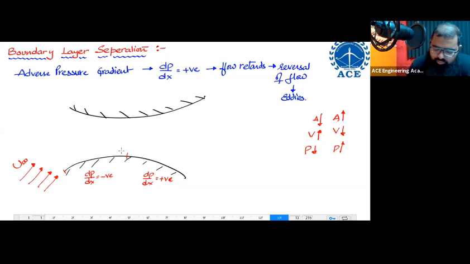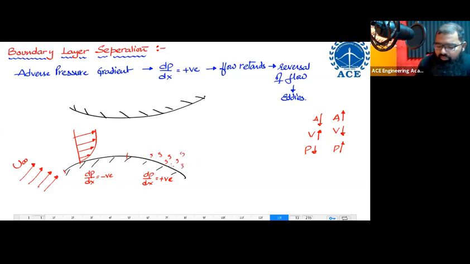In the portion where dP upon dx is negative, you're going to have some velocity profile developed, and the boundary layer is going to be there. Everything till here is fine. But the moment you cross this particular point, we know that there has to be some region of reversal of flow taking place.